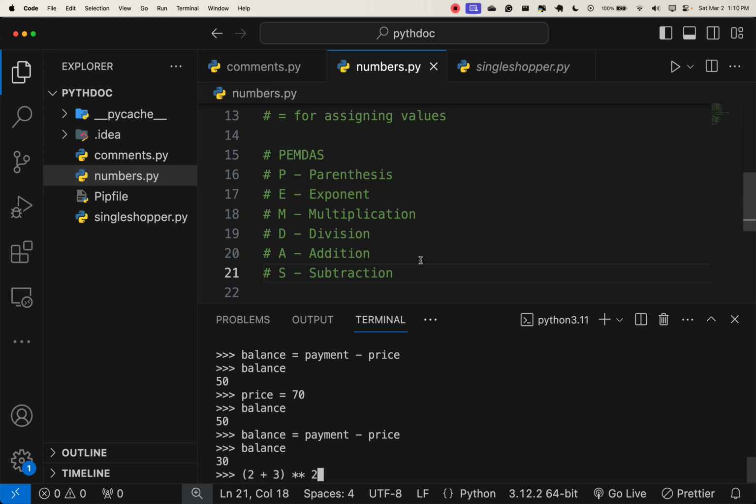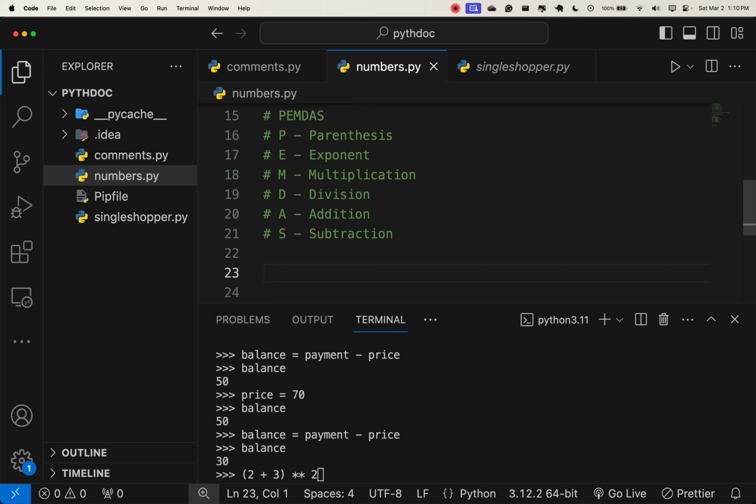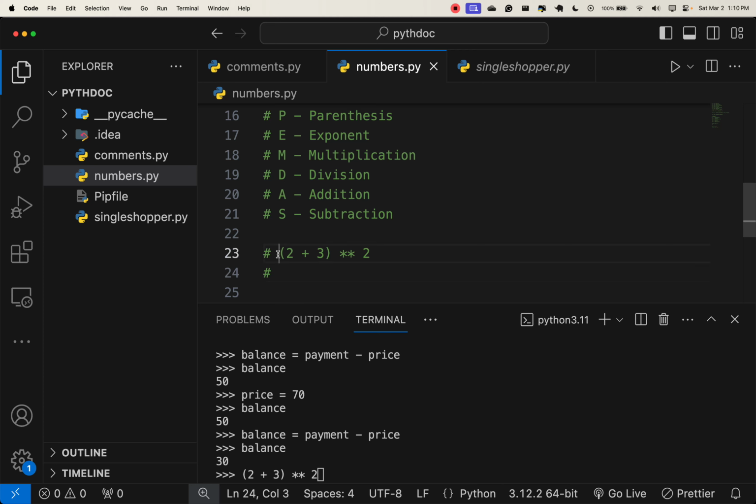So let me come here and comment this. I'll put this 2 plus 3. This is our arithmetic expression. And I'm teaching mathematics now, by the way.